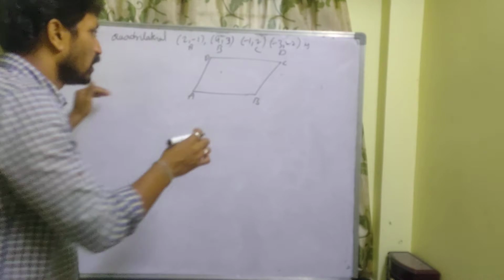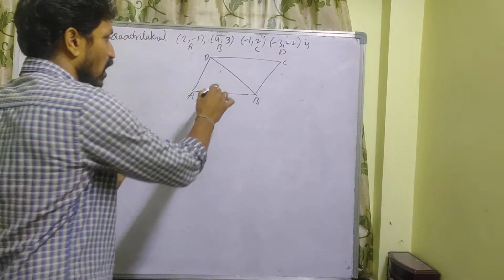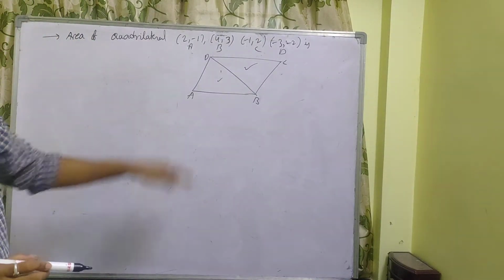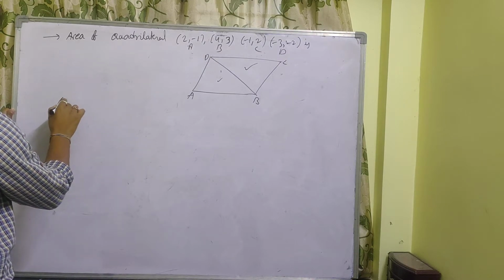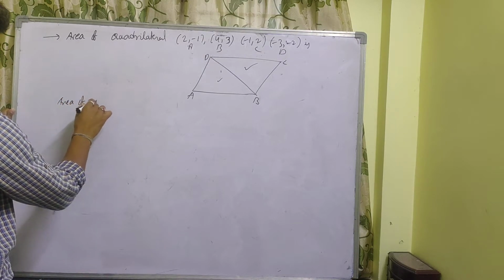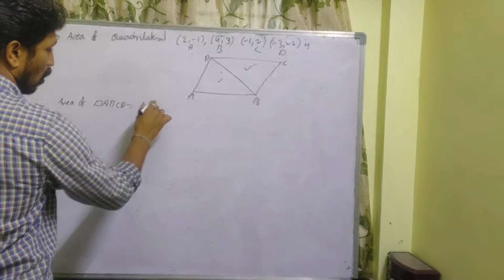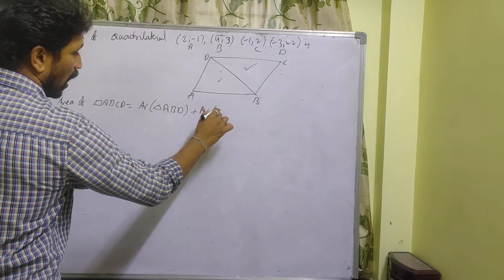Second one is divide it into 2 parts, find out the area of this triangle and this triangle, and add them. Same answer you get. You see based on this question. So area of quadrilateral ABCD is equal to area of triangle ABD plus area of triangle BDC.